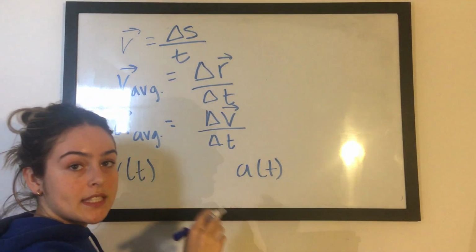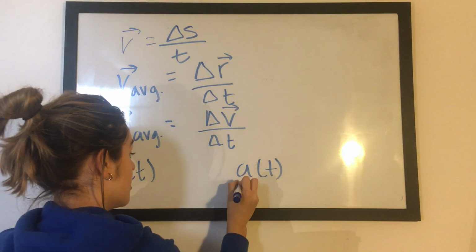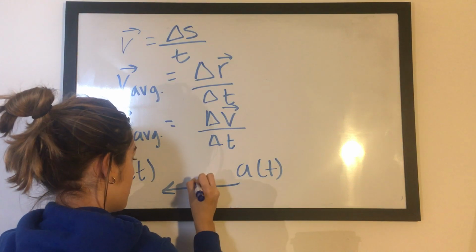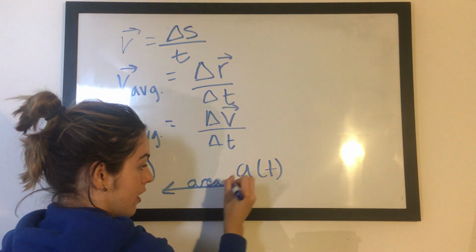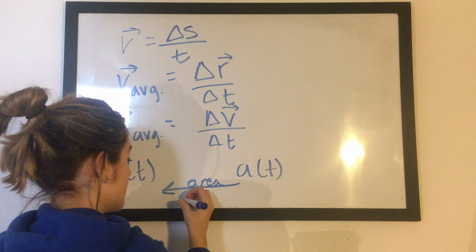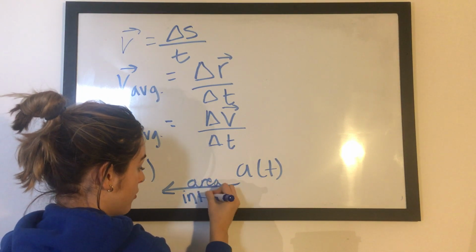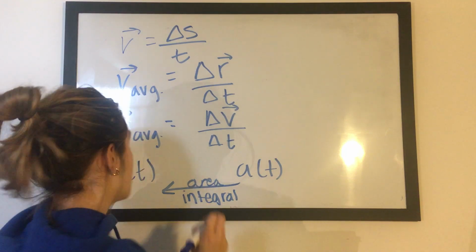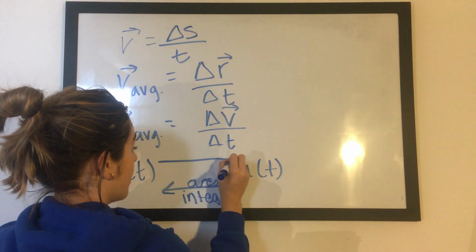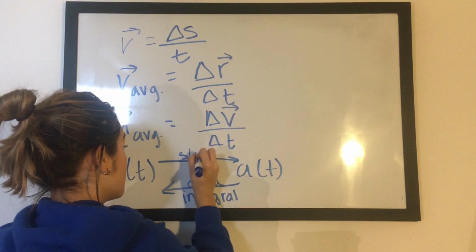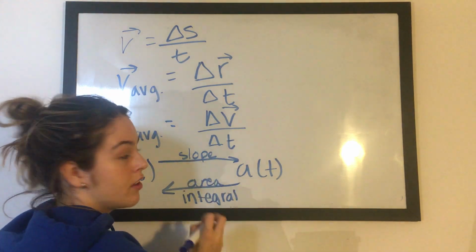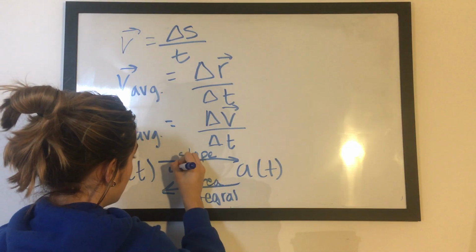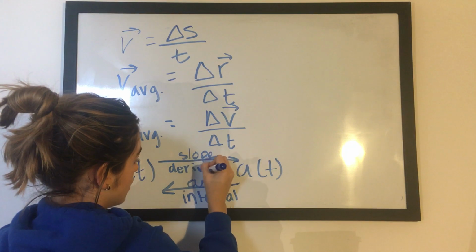So if you're going from acceleration to velocity, you take the area underneath the acceleration curve, which is equal to the velocity, which you can solve using integrals. And if you want to find the acceleration, you have to take the slope of the velocity curve, which can also be done using derivatives.